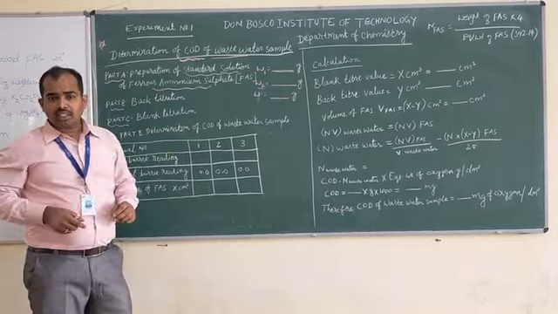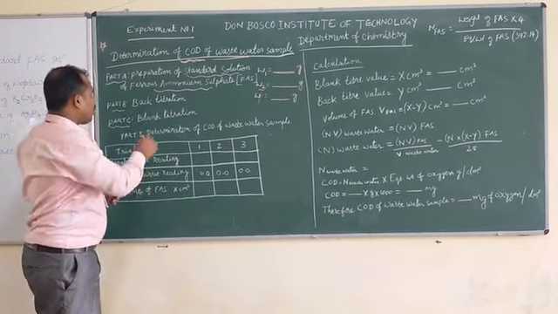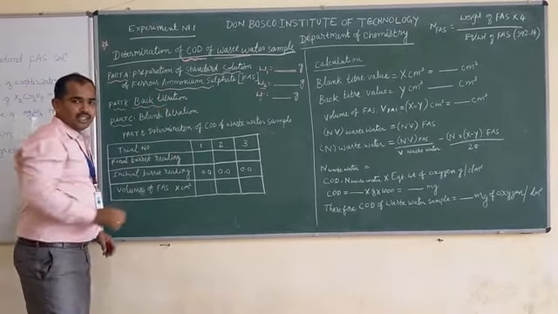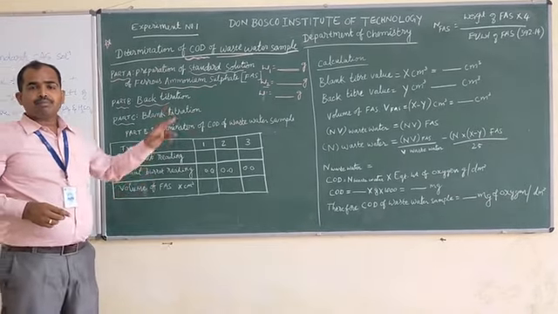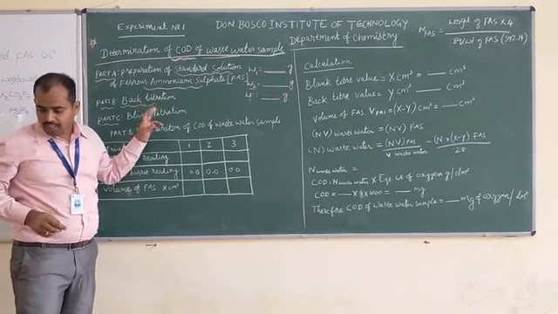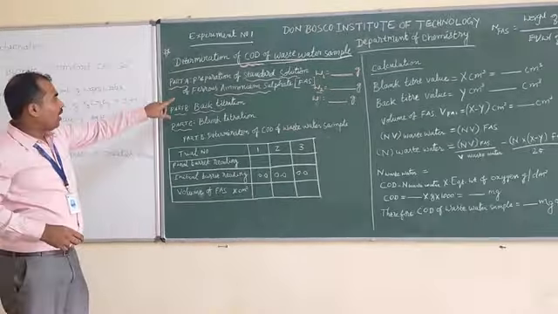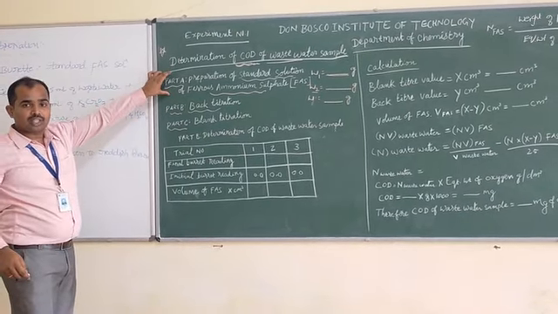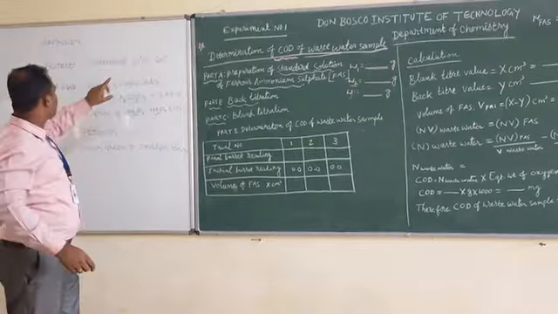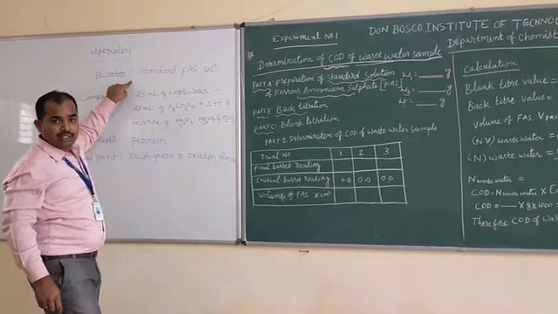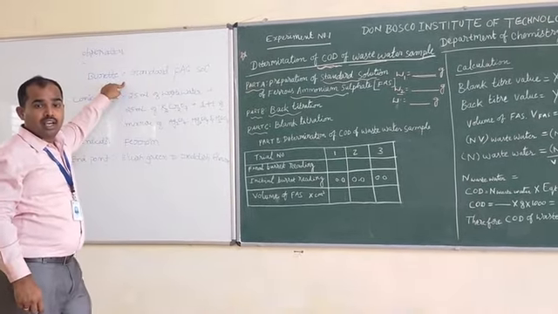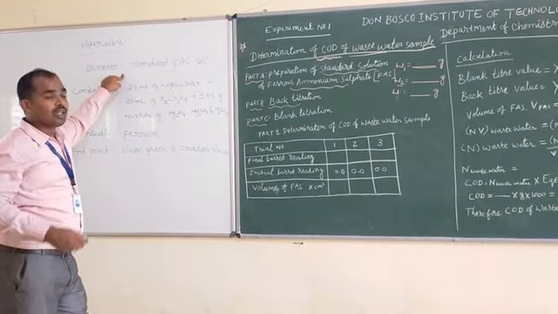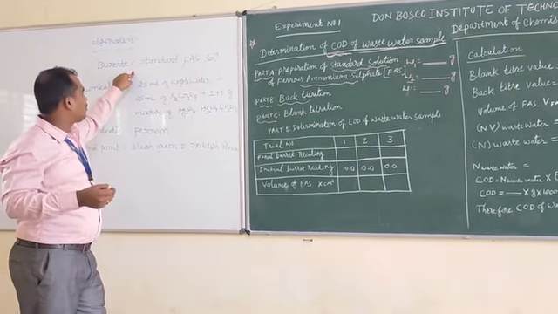Then after the preparation of the standard solution, we have to perform the titration with the wastewater sample. After preparing the standard FAS solution, we have to take that solution in the burette. So now I am going to explain the observations and the chemicals required for the experiment.